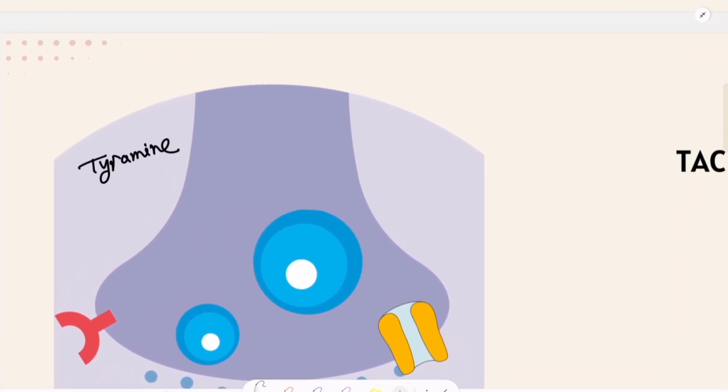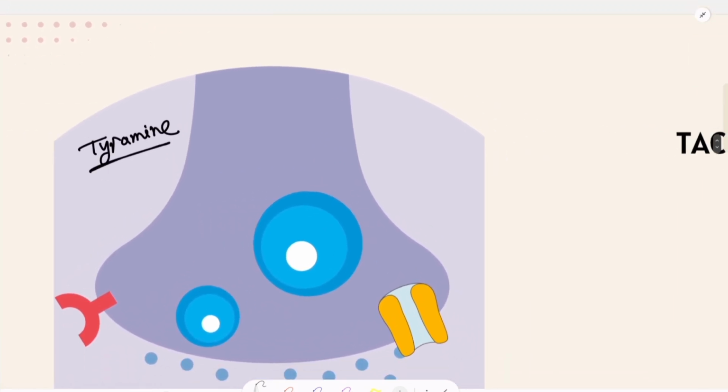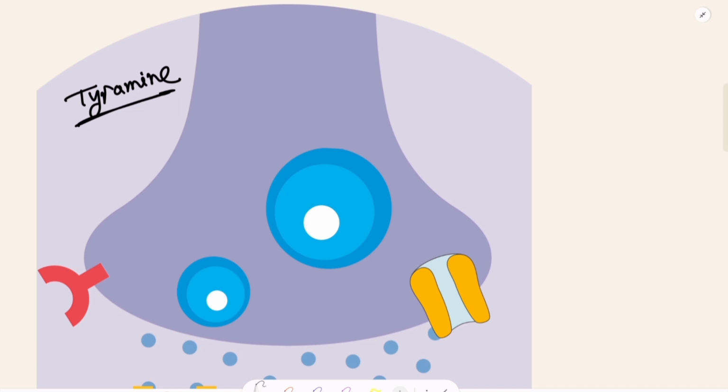First of all, how does this tyramine work? We know that noradrenaline is stored in the vesicle, and every vesicle has a fixed capacity. Suppose this vesicle has the ability to store 50 molecules of noradrenaline. So the vesicle has a maximum capacity of storing 50 molecules of noradrenaline.